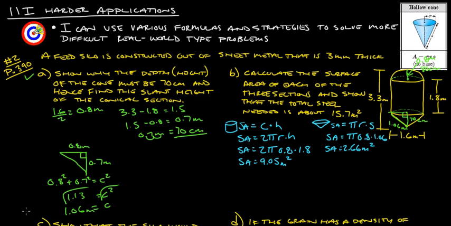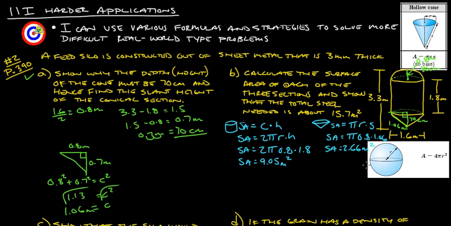Alright, and then next thing we're going to have to do is find the area of this half sphere here. And so we need to know the area of the sphere. Area of a sphere equals 4 pi r squared. So the little half circle here is going to be, since it's only half of the sphere, half of 4 times pi times the radius squared.